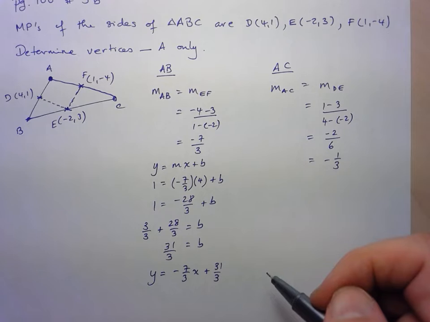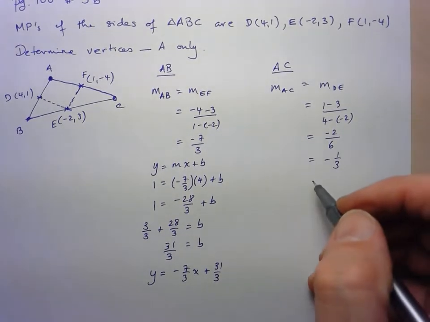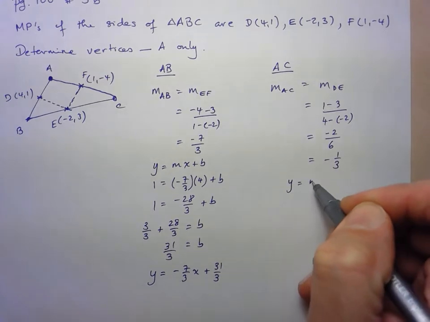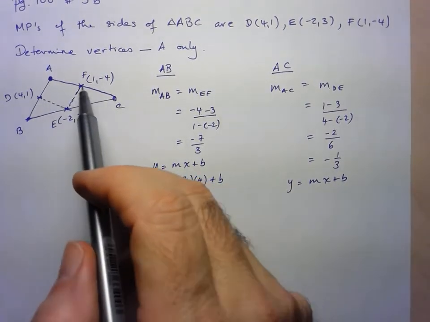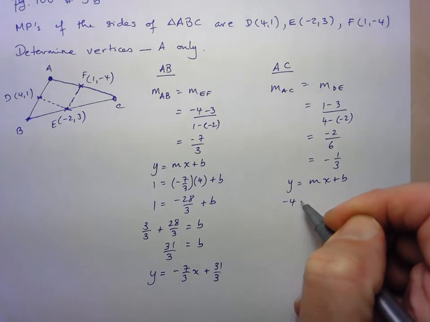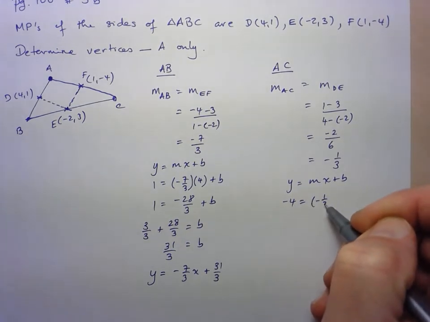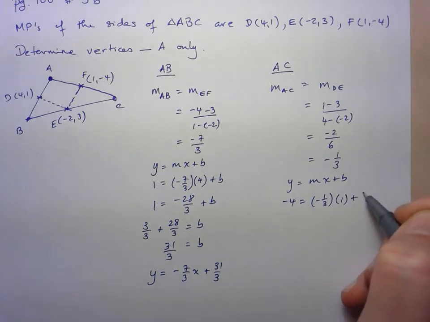All right, so let's now go ahead and find the equation of the line. So y equals mx plus b. Here we're finding the equation of the line AC. So the point is (1, negative 4) that's on the line. So we have negative 4 is equal to the slope negative 1/3 times the x value, which is just 1, plus b.